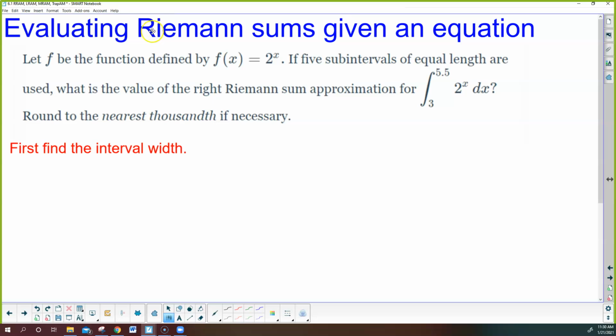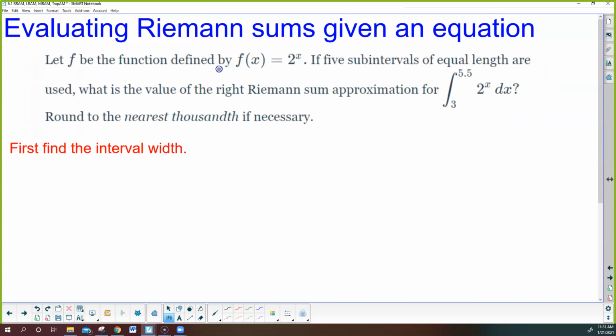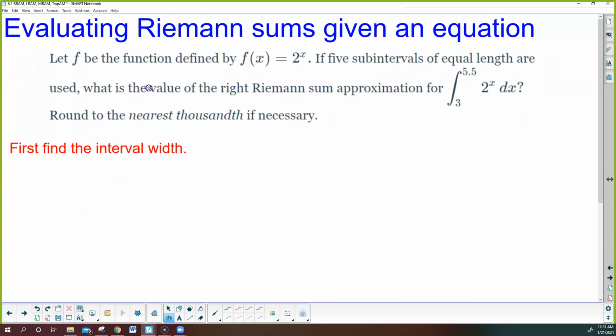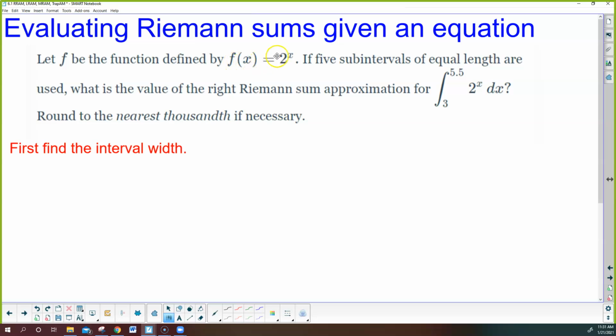So we are evaluating Riemann sums. That's a fancy way of saying the right-handed, left-handed, or midpoint rectangle approximations, given an equation. So let f be defined by the function f of x, and you don't have to write this part. I'll show you what to write down here. Okay, so f of x is 2 to the power of x. We want 5 subintervals of equal length.